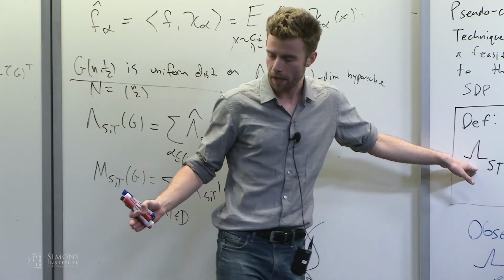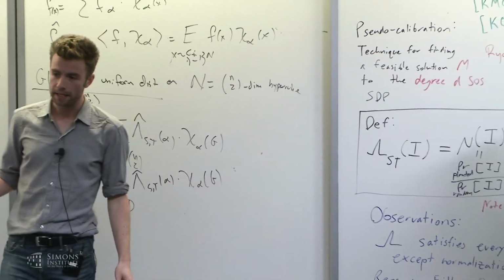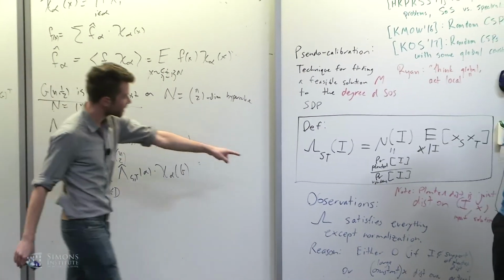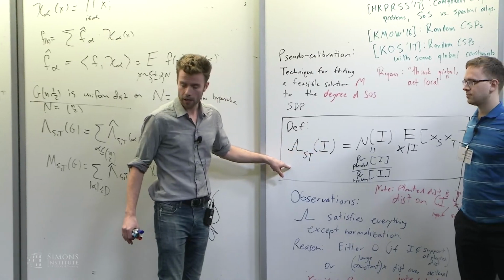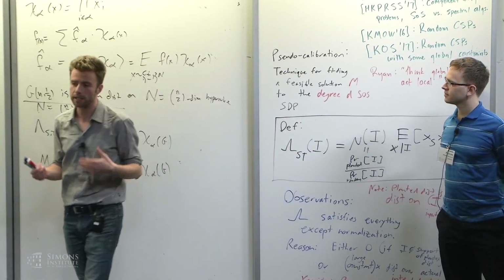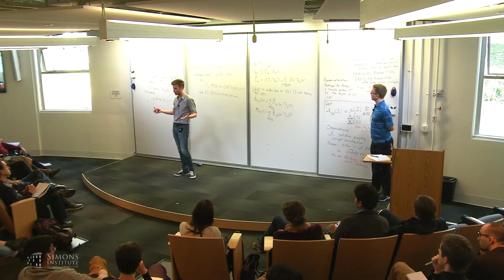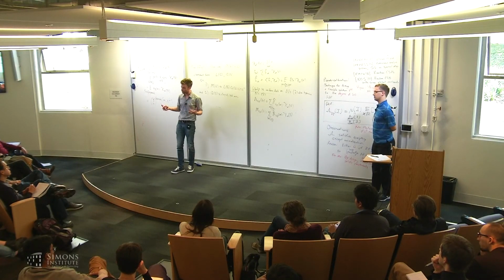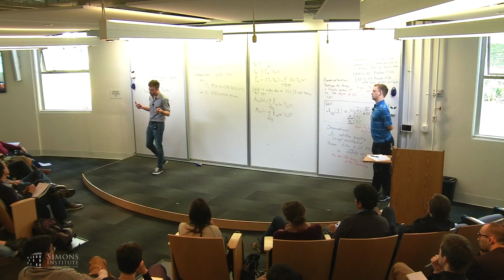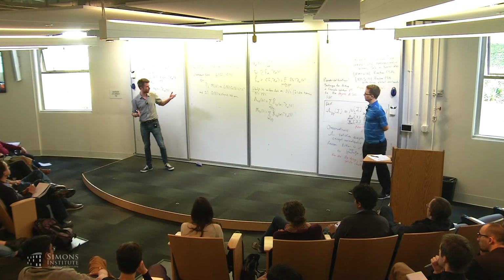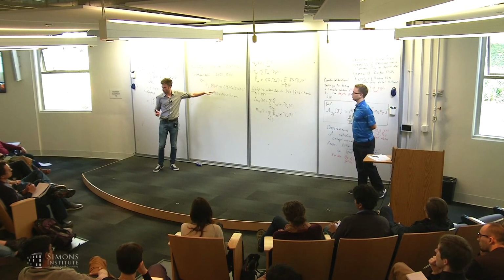So I better not do that. On the other hand, if I choose D to be 0, then I get the expectation under I of this function, which is nice and PSD, but I've lost all the dependence on the instance, right? So I can't possibly satisfy all of the constraints of the SDP. So I need to do something in between. And it's really non-trivial that choosing some D in between gets you something positive semi-definite. This is why we go through all of this trouble.